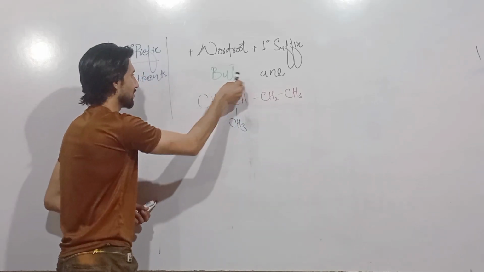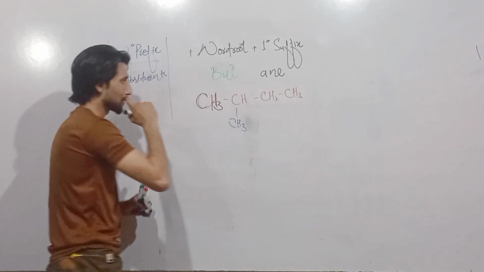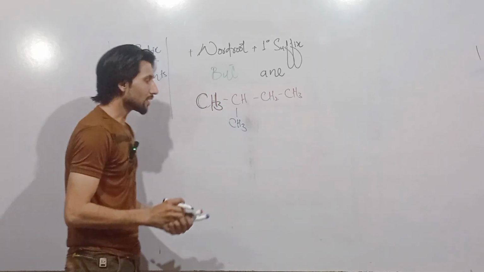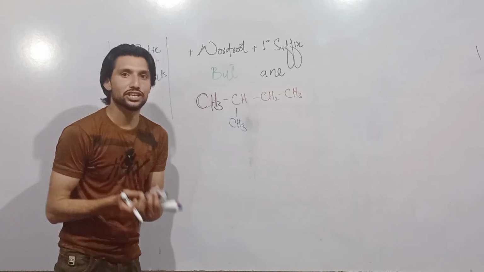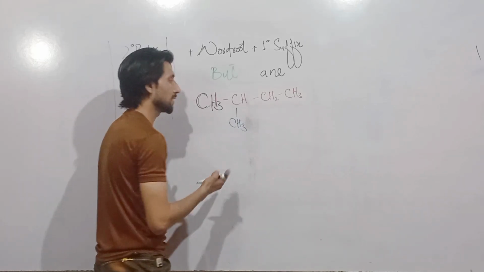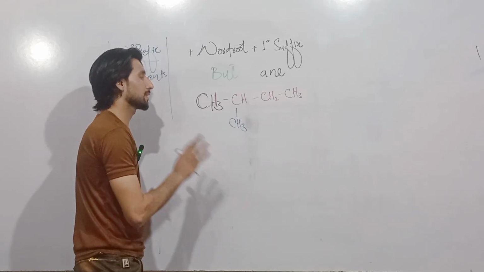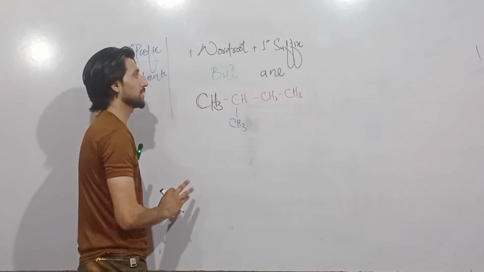You must first of all name your branch. For that, first of all, you must find your main chain. Here I can count the number of carbon atoms. The main chain should contain the greatest number of carbon atoms.